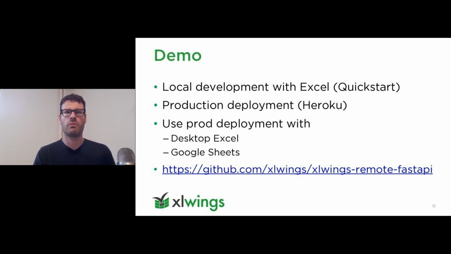I'm going to say a few more words about that when we get there. And then finally, we're going to test out this production deployment, both from a local Excel version and also from Google Sheets. And maybe if time allows, we can also look into Excel on the web, because I assume that probably the crowd here is still more Excel oriented.